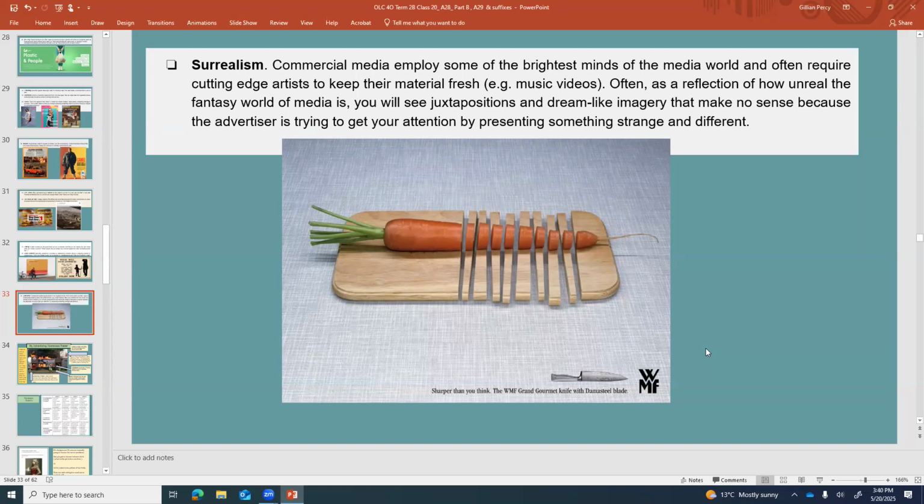And the picture is of a carrot on top of a wooden board. Rather than just cutting up slices of carrot, they've implied that the knife is so sharp, it cuts right through the carrot, right through the wooden board. So you see little slices of wooden board too. Obviously an exaggeration, obviously something that can't possibly happen, and not really intended to imply that it happens, but just to capture your attention, right?